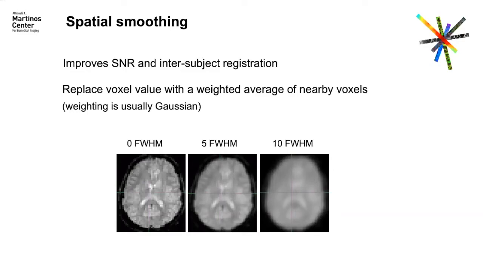And this weighting is usually Gaussian, so the voxels that are closer to the target voxel get bigger weight than the ones that are farther away. Here you can see some examples of the degrees of smoothing. You can see that on the right the brain looks very blurry, so too much smoothing is not good either, but you should find some compromise.